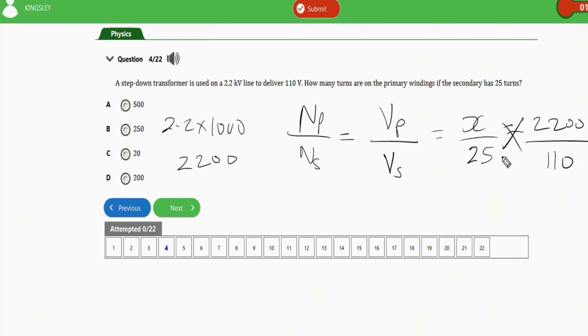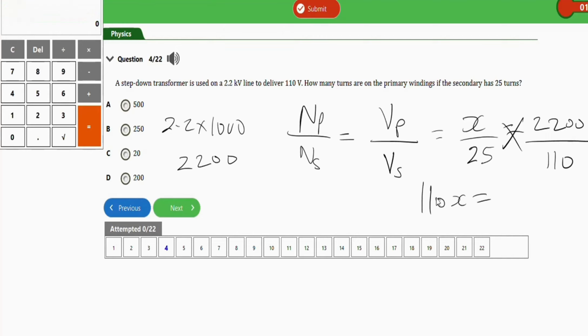So when you cross multiply, you're going to have 110X equals, alright, so let's get the JAMB calculator. It's going to give us 110X equals 2200 times 25. Okay, so we have the output to be this. So we have 55,000.